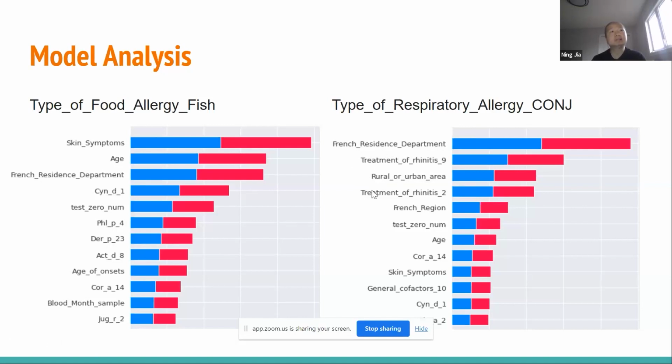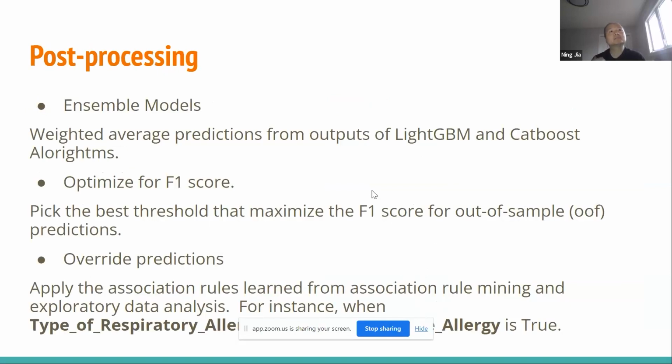You can think this way. After the modeling, I did some post-processing to actually win the competition, because you have to fine-tune something after the model. One is ensemble models: I took a weighted average prediction from the GBM and the CatBoost algorithm, so I use both basically.